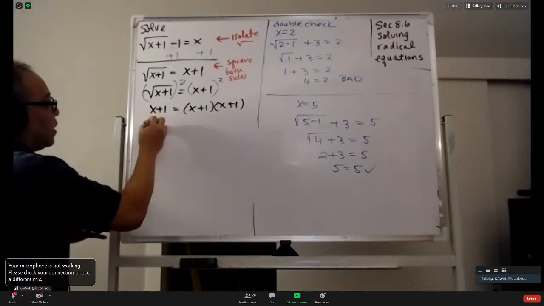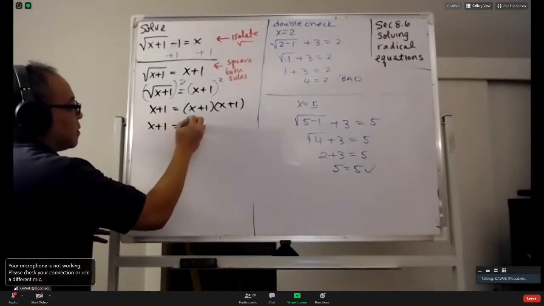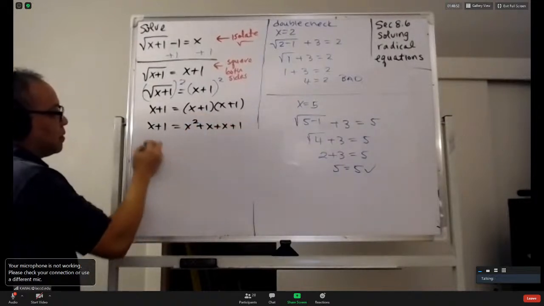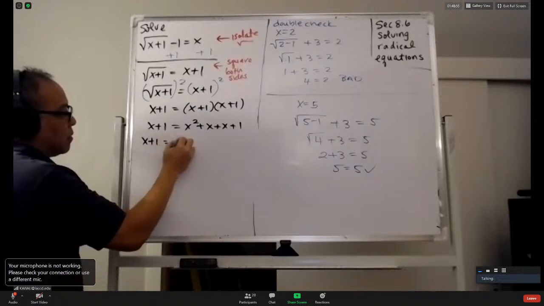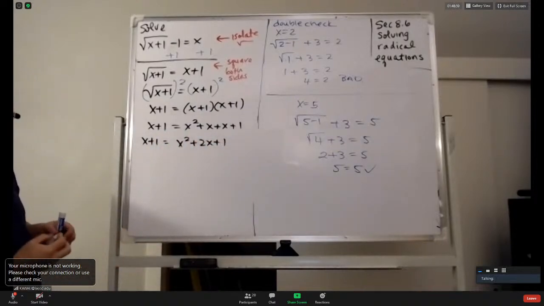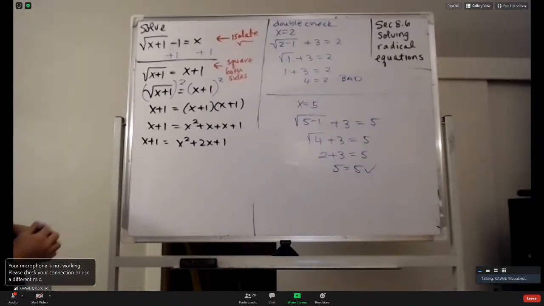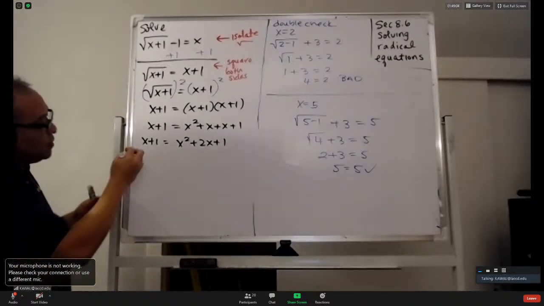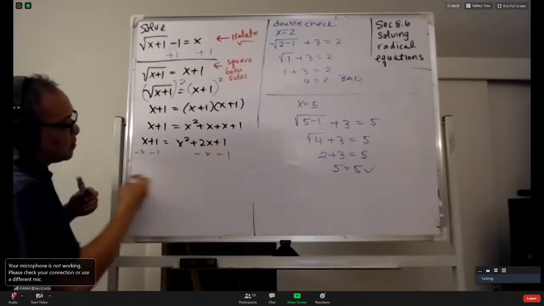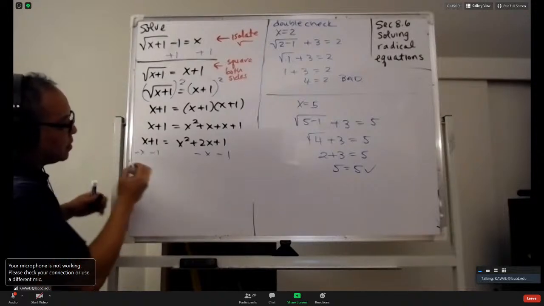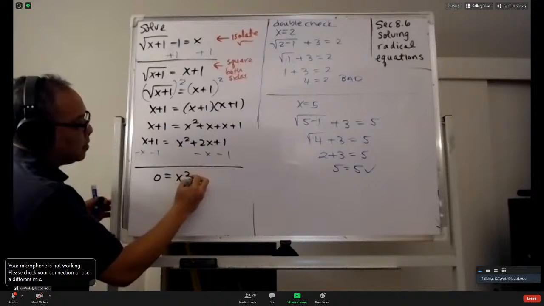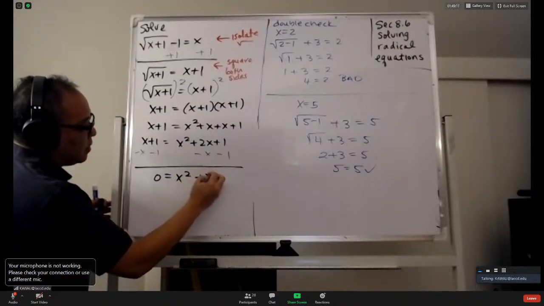So we have x plus 1. Let's subtract the x and subtract the 1. So we get 0 is equal to x squared plus x.